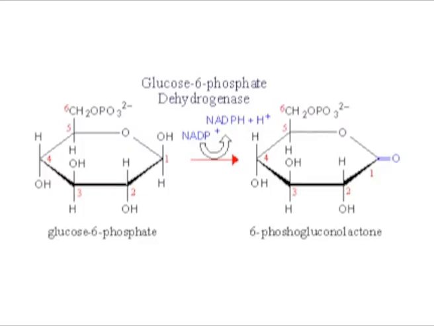There is oxidation reaction of C1 position and hydride transfer to the NADP plus, forming a lactone, which is an intramolecular ester. It is a very favorable reaction in the forward direction for producing NADPH.